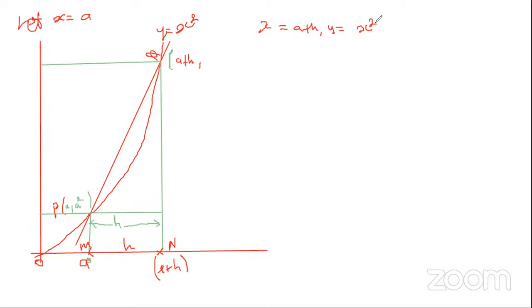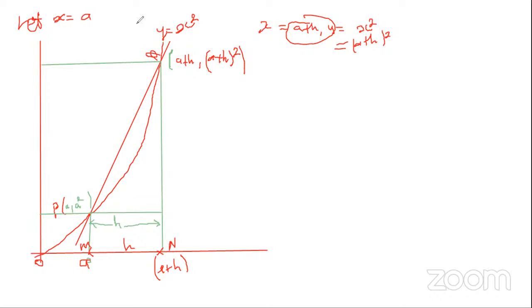So what would be the y coordinate? A plus h in brackets squared. So we just get a plus h, and then we square it. So meaning the y coordinate would be a plus h, then we square this.